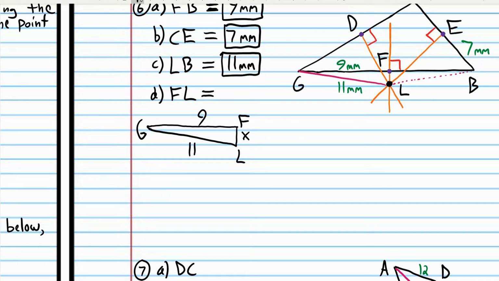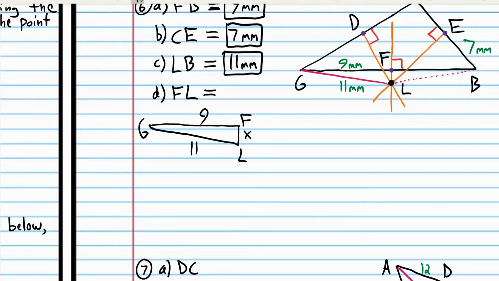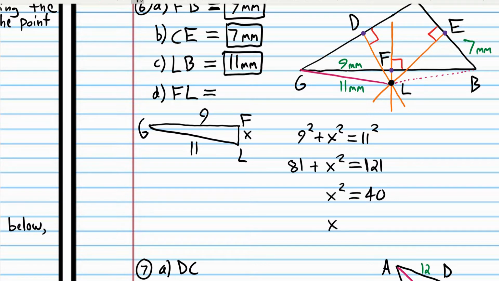We'll call that X. So we're going to use the Pythagorean theorem again. We have 9 squared plus x squared equals 11 squared. 9 squared is 81. 11 squared is 121. So now we have x squared, subtract 81 from both sides, and we get x squared is equal to 40. Square root both sides, and we get 2 root 10.